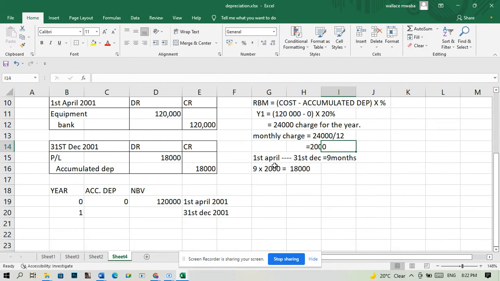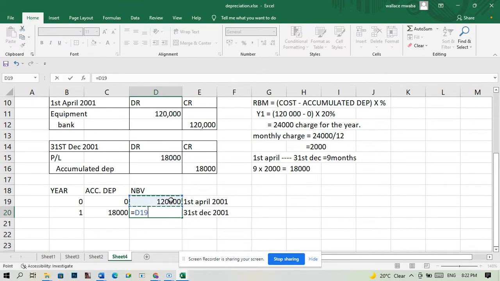Since it was bought in April and the year ends in December, we had 9 months of depreciation, which gives 18,000. So we'll say 18,000 here has already been calculated. Our net book value is going to be 120,000 minus 18,000, which gives us 102,000.